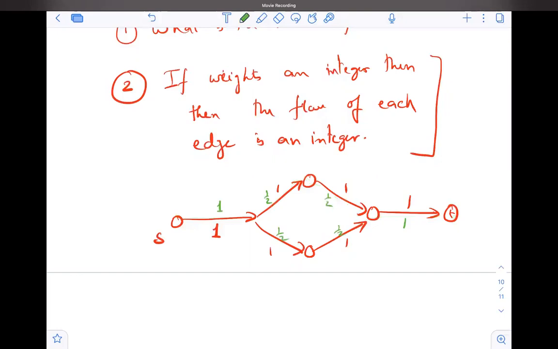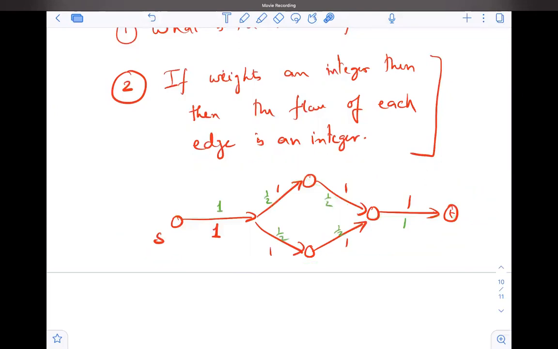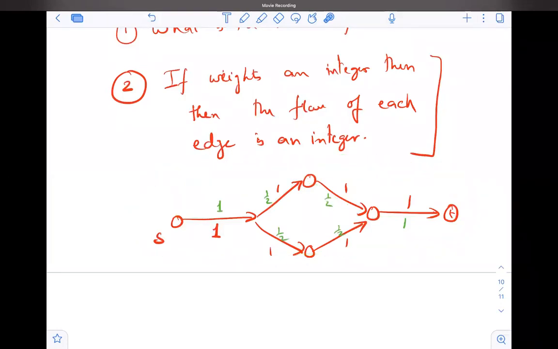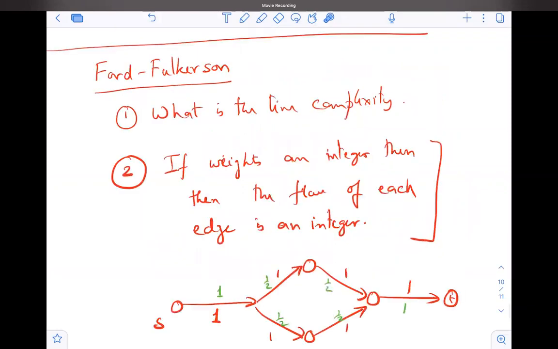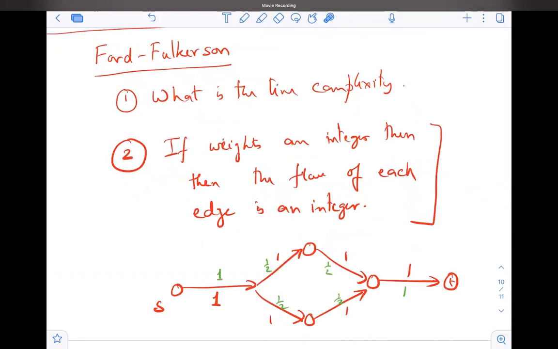So when you put this graph through an LP solver, you are not guaranteed to get an integer solution. But Ford Fulkerson will find an integer solution. Okay, so here we are in a very interesting situation that we now have a flow algorithm.